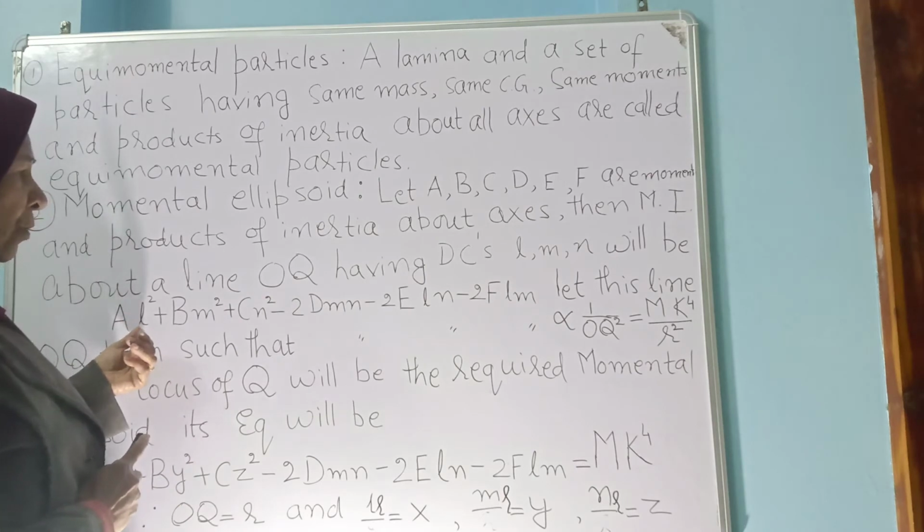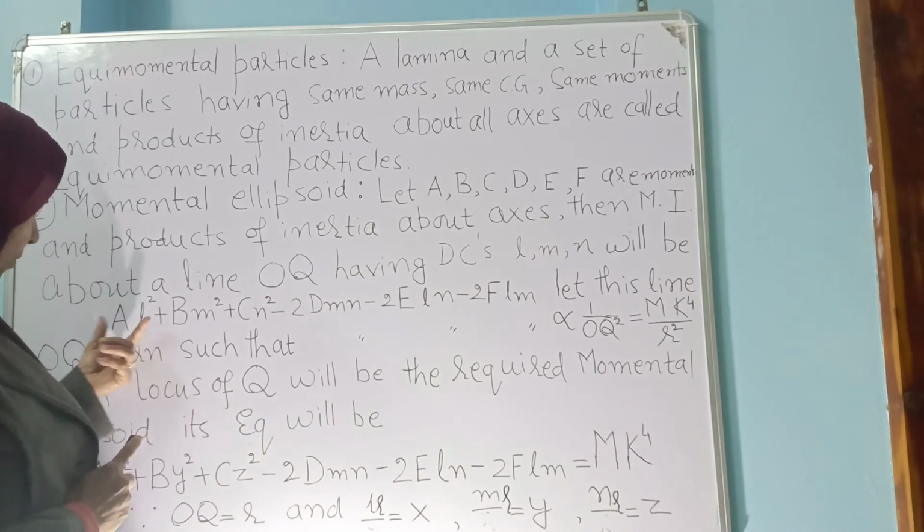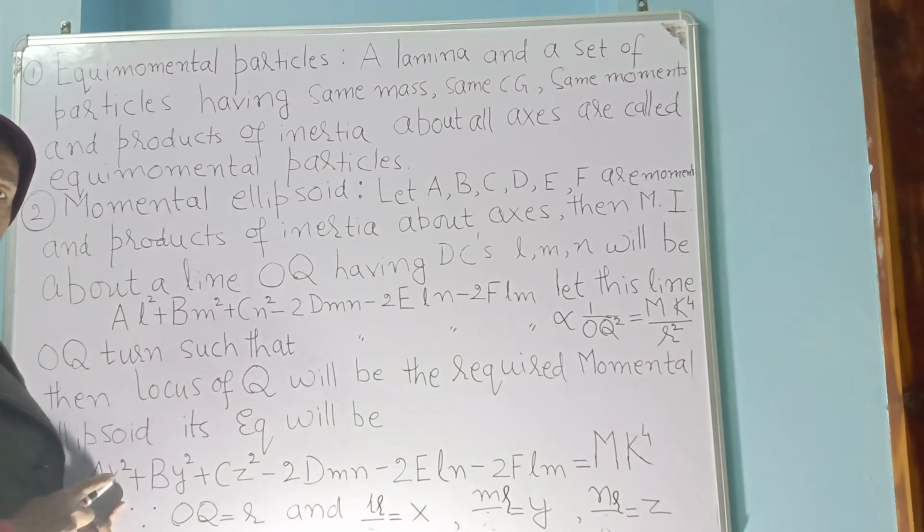So here you will get l square into r square, so it will become A x square.